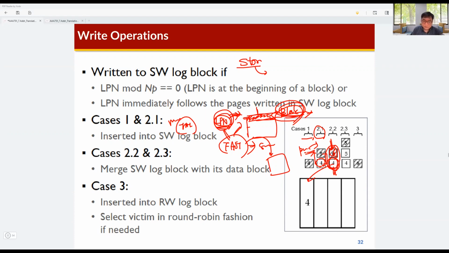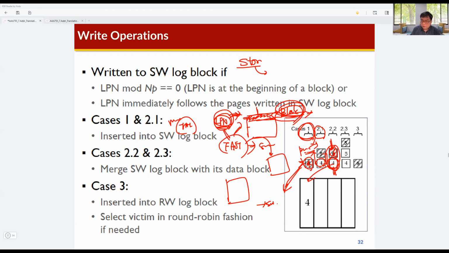So in this case, we only know that if this request for logical page number 4 is given to the SSD, then this page is assigned to the sequential write log block.